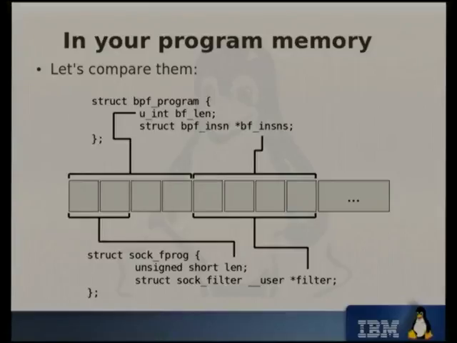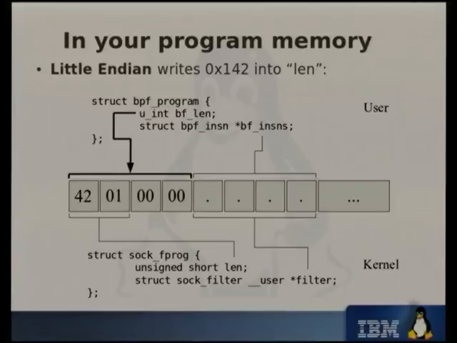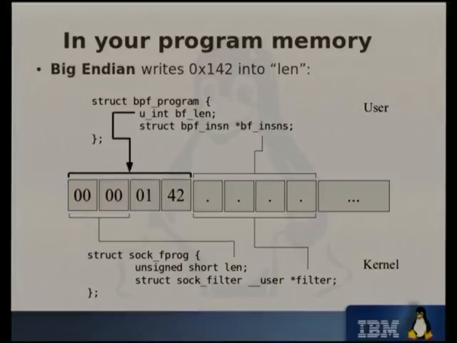And so, for all the same reasons we've seen before, if you write 142 here on Little Endian, it's going to happen to land in the right place, and the kernel will read it just fine. On Big Endian, it's going to be wrong. The kernel will read 0.